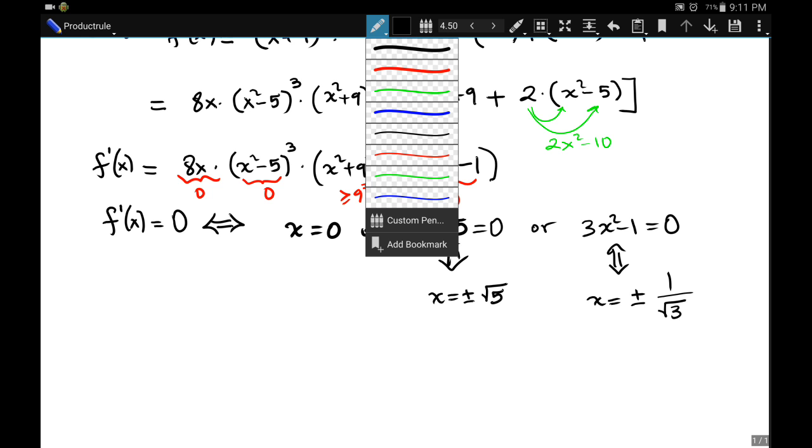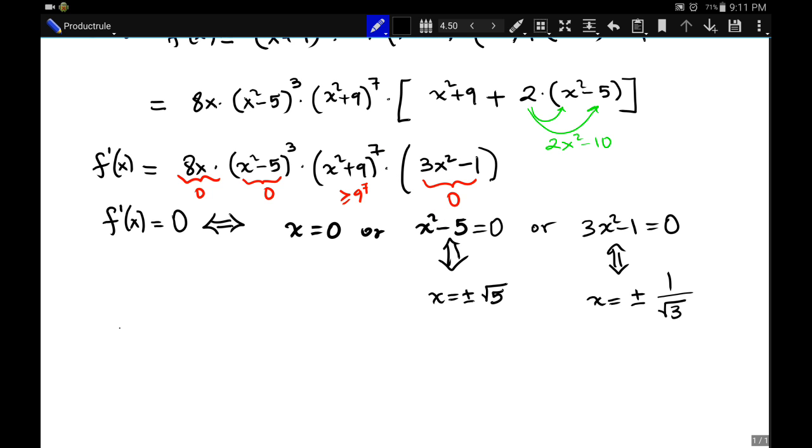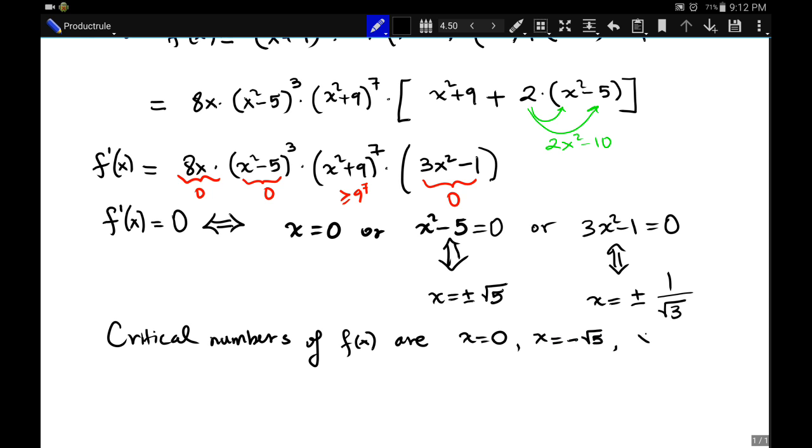If we summarize what we have done, the critical numbers of f of x are x equals 0, x equals minus root 5, x equals root 5, x equals minus 1 over square root 3, and x equals 1 over square root 3. Alright, that's it. There are 5 points in here.